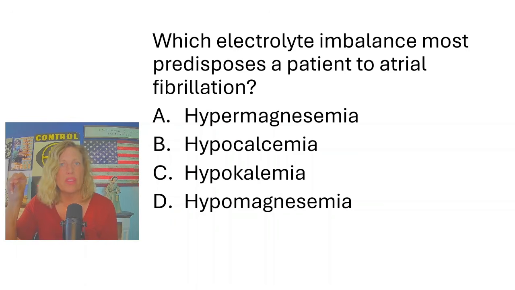So like if they're having tremors or hyporeflexia or hyperreflexia, that kind of thing, I'd go, well, calcium probably it, because the nerves and skeletal muscle is very sensitive to calcium. But the heart is incredibly sensitive to potassium. So I'm going to pick potassium because the heart is so sensitive to it. And remember, atrial fibrillation is an up heart rate, and heart rate goes in the opposite direction of the electrolyte imbalance. So I'm choosing hypokalemia.